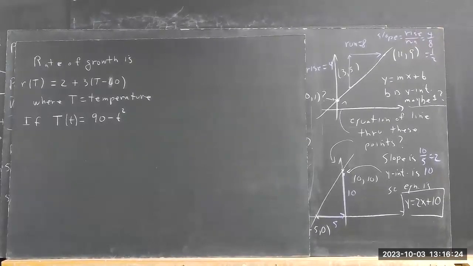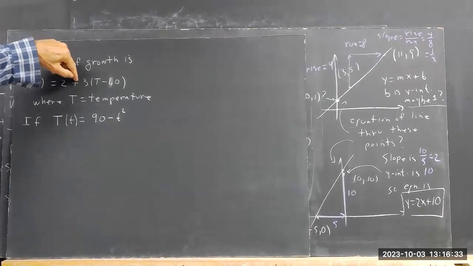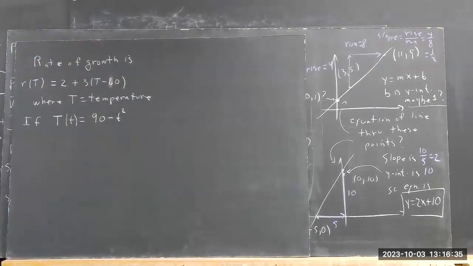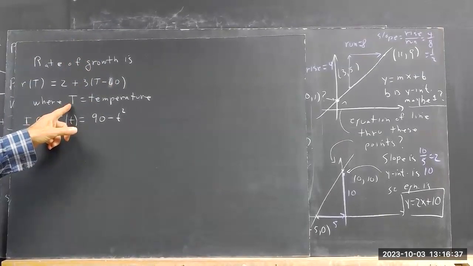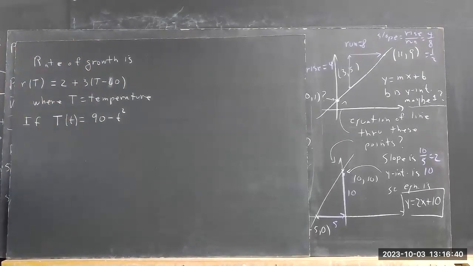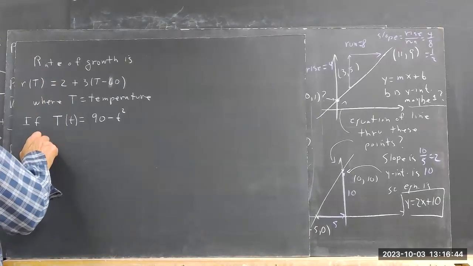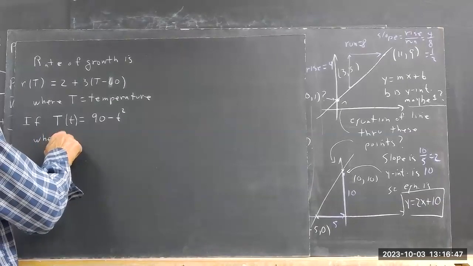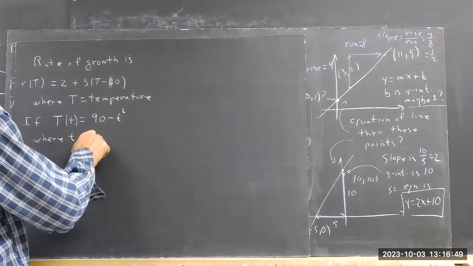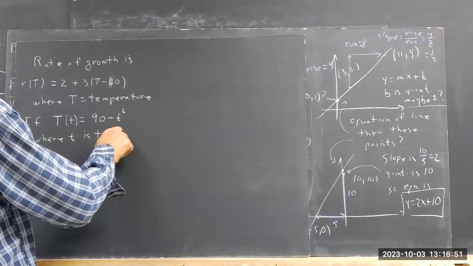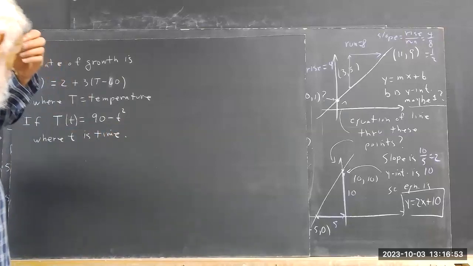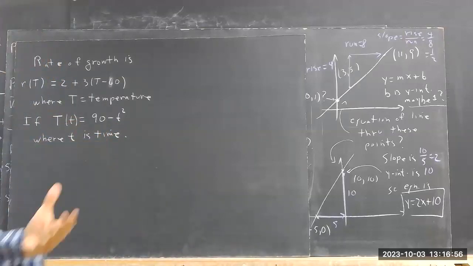Okay, we have a situation where the rate of growth is R of T, which is 2 plus 3 times quantity T minus 60, where T is the temperature. Okay. Now, if T is a function of time, and I'm not going to specify time in hours, time in days, whatever.